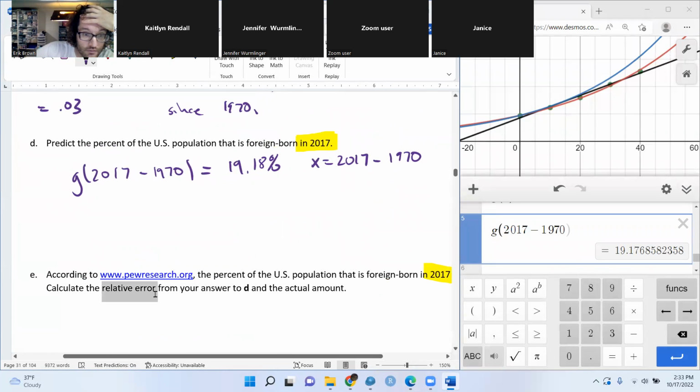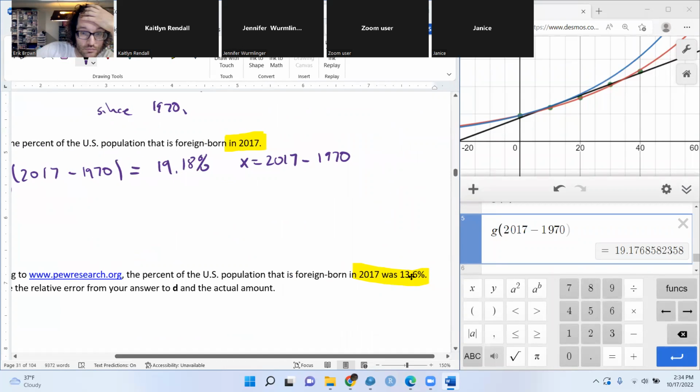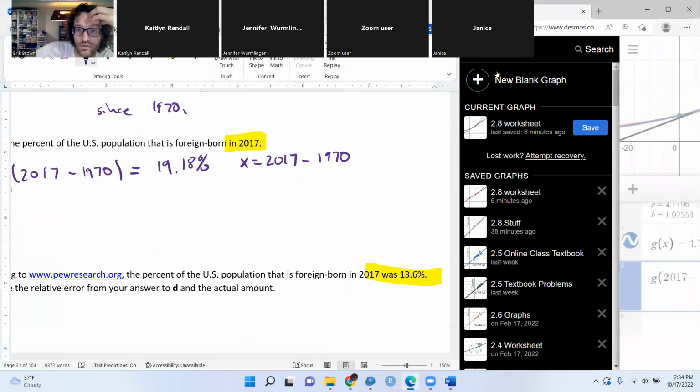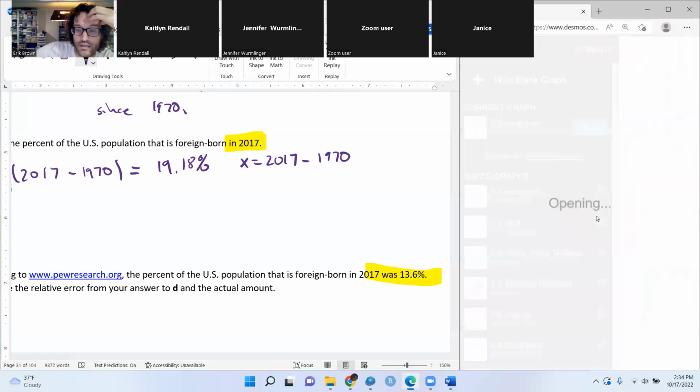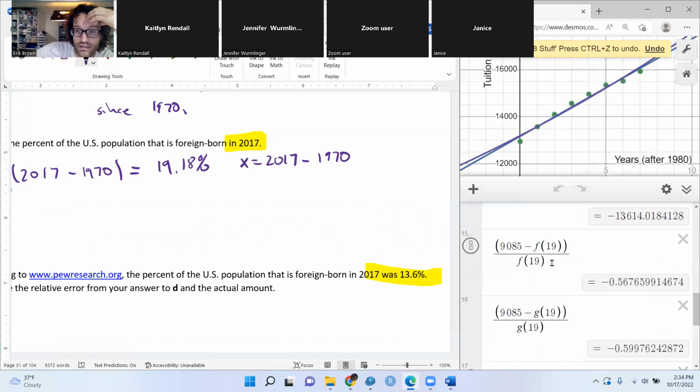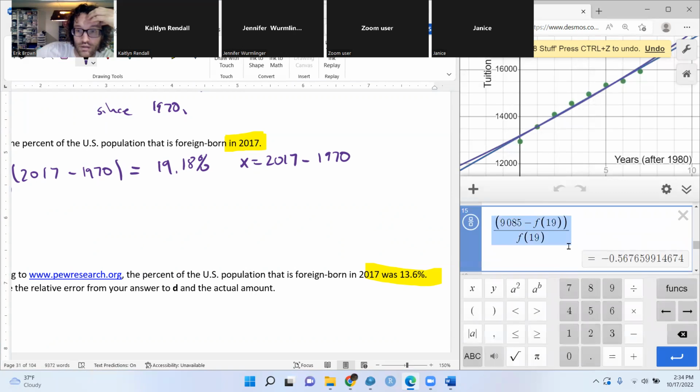Calculate that relative error or percent error from our answer here. So this is the actual amount, and then this is the predicted amount. Again, that's the exact same thing we did in the textbook right here. This is the relative error one.